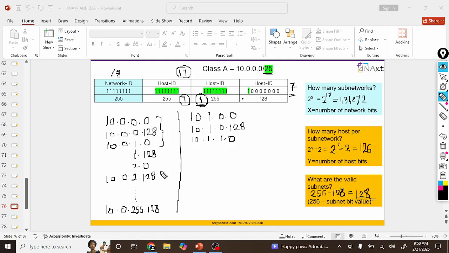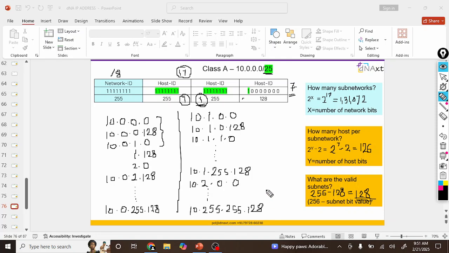The last two octets will keep repeating until you get 10.1.255.128. Next you will do 10.2.0.0, and again the last two octets will repeat themselves, then 10.3.0.0, till you reach 10.255.255.128. These are all the different subnetworks.